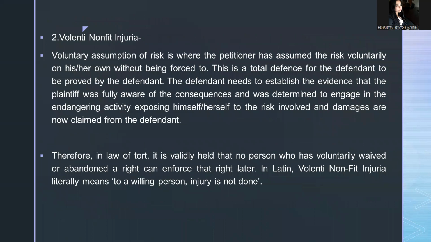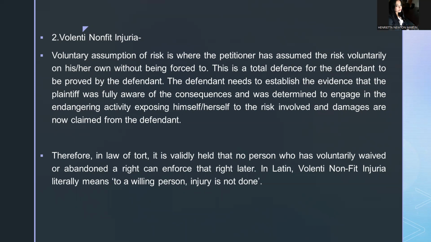That is voluntary assumption of risk, where the person on their own assumes that risk. I gave an example about car racers, people who participate in car racing. They know that if there is a crash, there is a high probability of even losing life or limb.